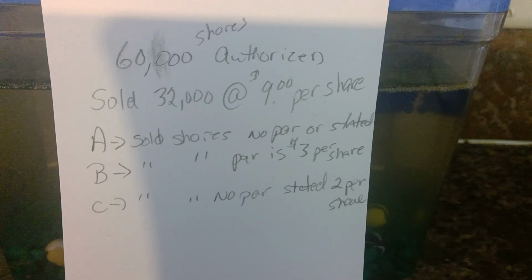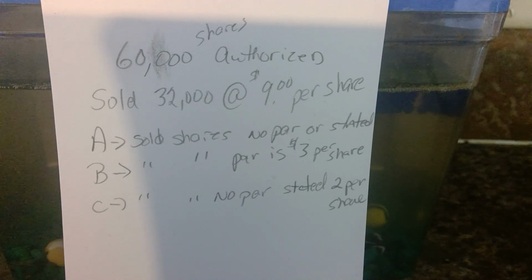So we're selling 32,000 shares, and letter B said that our par value is going to be $3. So if you multiply 32,000 times 3, you will come up to, and I'm doing quick math in my head, $96,000. So at this point, you've got 288,000 on the left, and you've got 96 on the right.